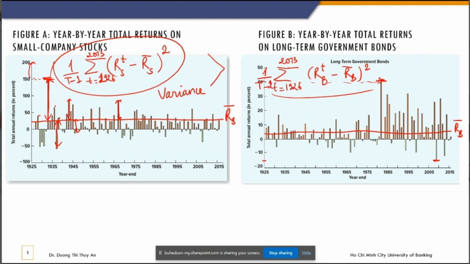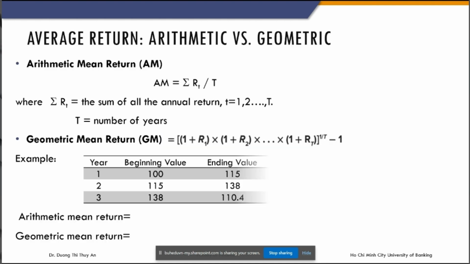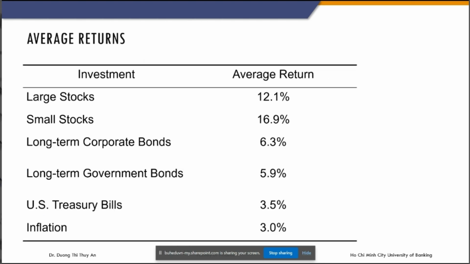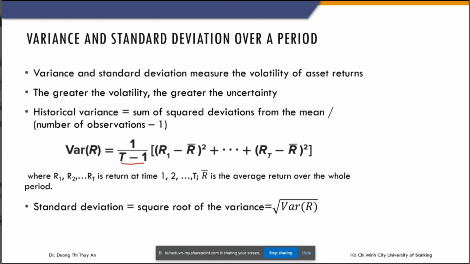This is a statistical technique for a sample. For a population, we don't subtract 1. There's an explanation for this, but please take a look at a statistics course.